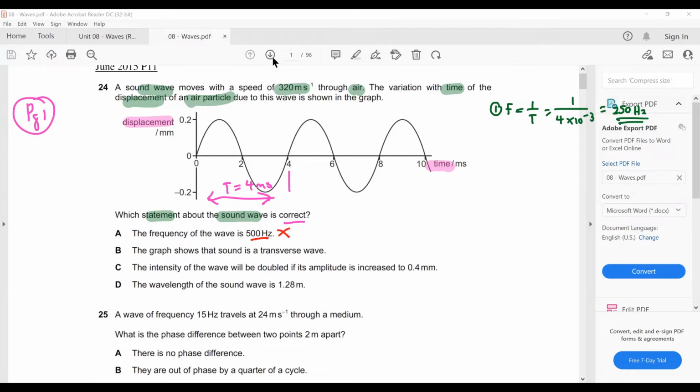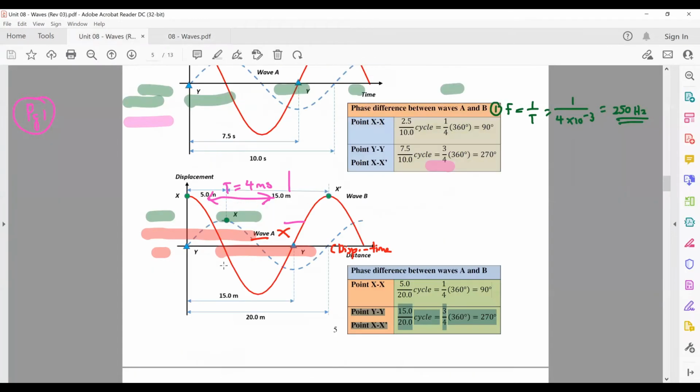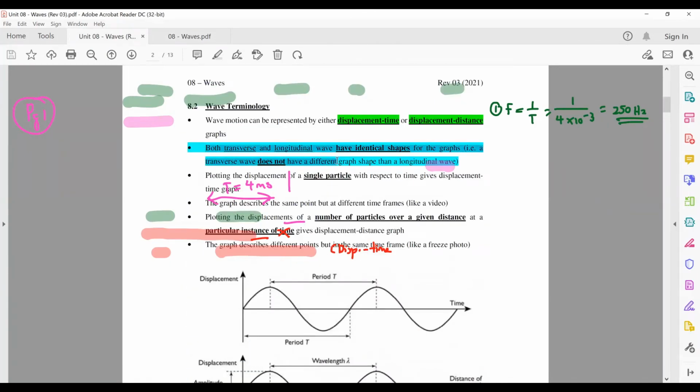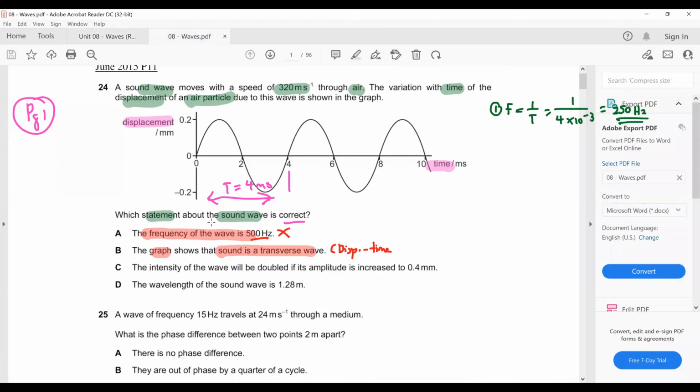And then if you look at the second answer choice, the graph shows that the sound is a transverse wave. Okay. So remember, one of the first things I mentioned to you last week was that if you just look at the displacement time and the displacement distance graph, they won't tell you whether it's a transverse or longitudinal wave because they have exactly the same shape. So here, the graph shows that sound is a transverse wave.